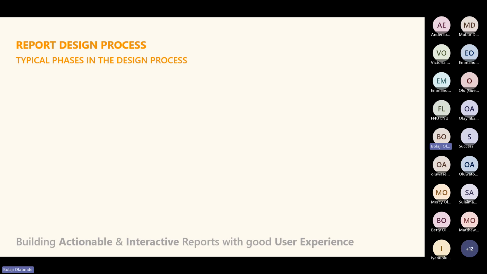And I like to think about it in two distinct phases, right? Although there are a lot of things that go into building the report, but in my own perspective, if you categorize everything that you have to do, I like to break it down into two phases. That's why I call them typical phases in the design process.